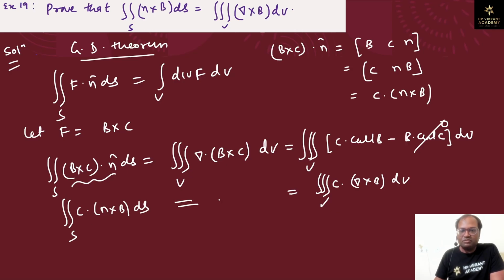So this particular expression is equal to the volume integral c dot del cross b dV. Let us further simplify this.